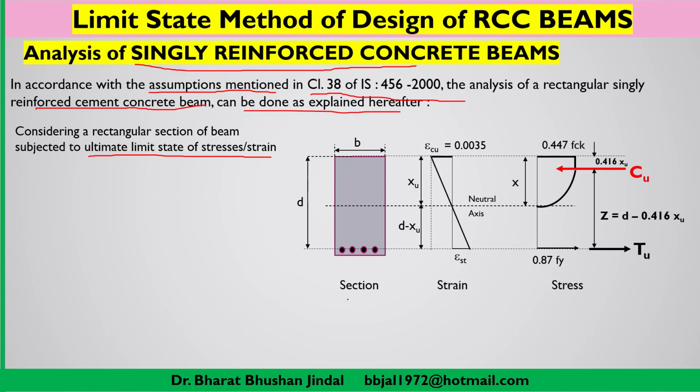First of all, let us discuss the section part. This is an example of a rectangular section of a beam having some reinforcement at the bottom where tensile forces will act. b is the width of the section, and d is the effective depth of the section, and the dotted line indicates the location of the neutral axis.